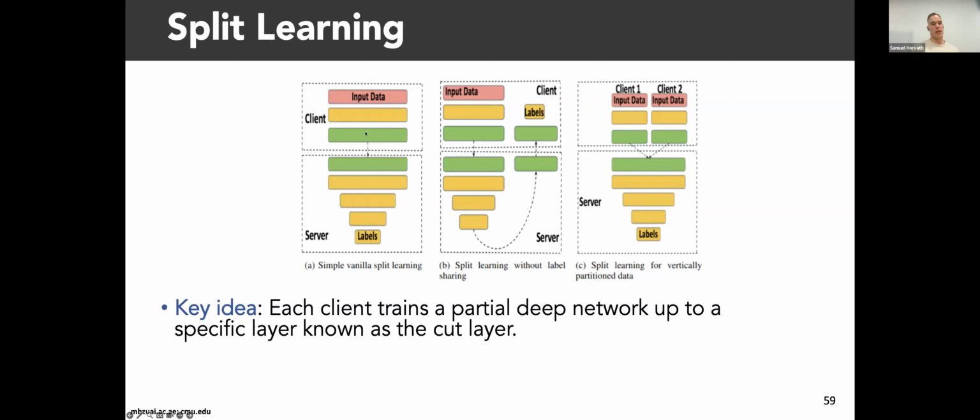This is displayed here. Then we communicate all the activations and outputs of that layer to the server, which finishes the computation, backpropagates all the way here, and then communicates back to the client. They also have a very nice website with all the research that's going on in split learning.